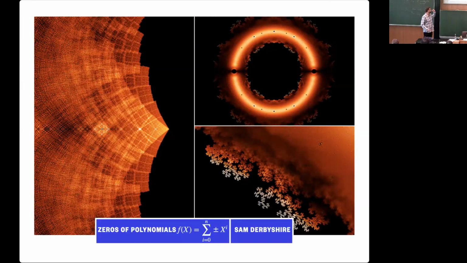So what you see here is an illustration by Derbyshire. He took all polynomials with ±1 coefficients up to, I don't remember exactly which degree, maybe 17, up to some high degree, and he put their zeros on the complex plane. This is what you see upstairs. And you see it's beautiful, and if it's very bright, it means that there are many polynomials there, so many zeros.